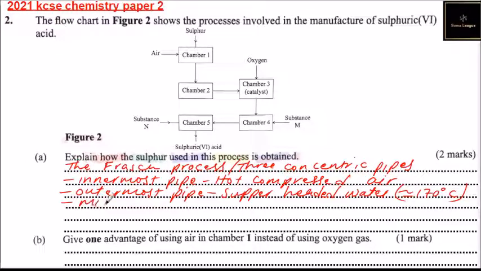Then we have the middle pipe. The middle pipe is where the molten sulfur comes out. So that's how you describe the process.